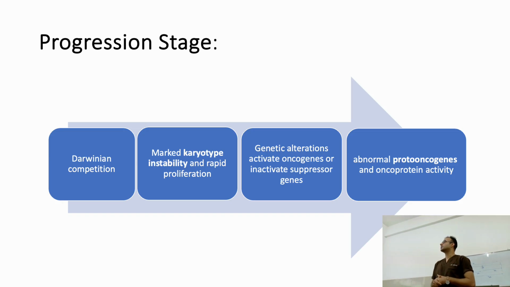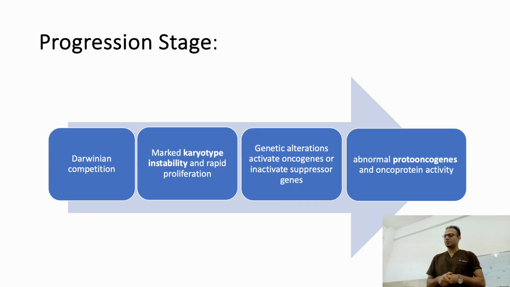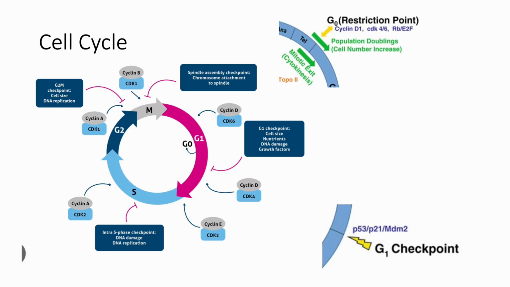So these deformed cells undergo Darwinian competition, in short known as survival of the fittest. The most fit cells are the cells which can acquire high nutrients or high energy, and they will stay. They will express high karyotype instability and genome mutation, which ultimately lead to the formation of abnormal proto-oncogenes, or oncoproteins, which help in the formation of cancer. This was the multi-stage theory.